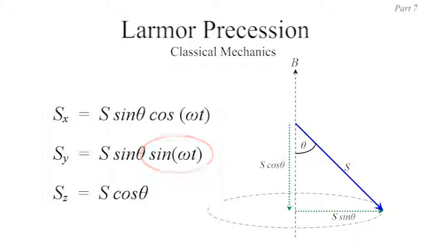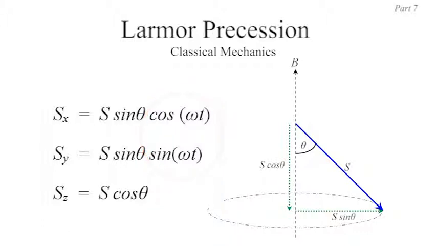And being in a kind of circular motion seen from above, Sx has a maximum when omega t, or the phi angle, is 0, and Sy has a maximum when omega t is pi by 2, or 90 degrees, and so on. They each keep oscillating as s sine theta rotates. They're out of phase with each other by 90 degrees, and so one can be written as a cosine function and the other as a sine function.